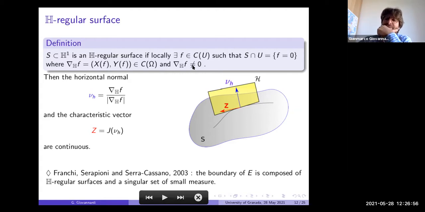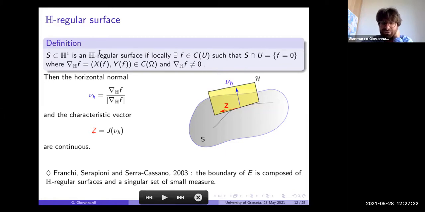Okay, that means that you can define the horizontal normal nu H, that is the horizontal gradient of f over the norm of the gradient of f, and the characteristic vector is the rotation of 90 degrees of this vector field nu H, and we will denote this one by Z, and this Z is a continuous vector field if the surface is H regular.